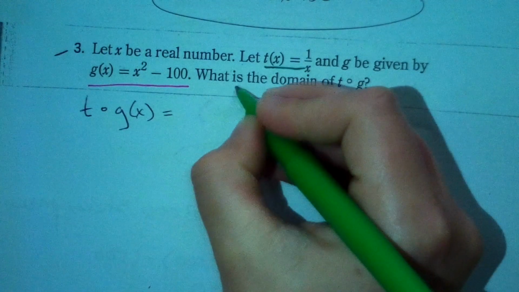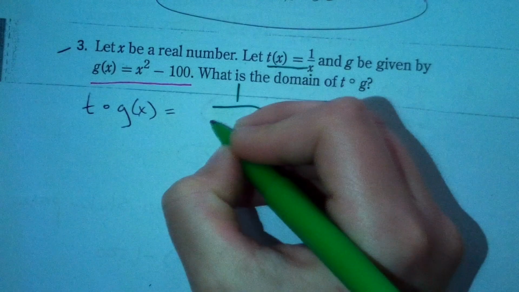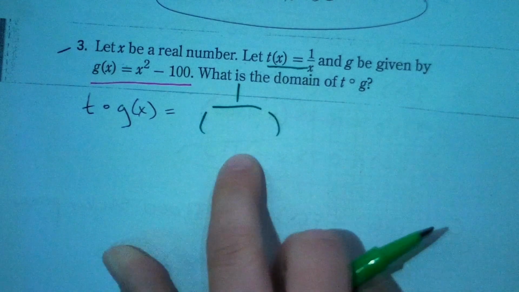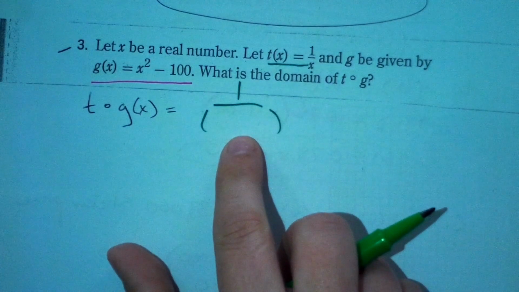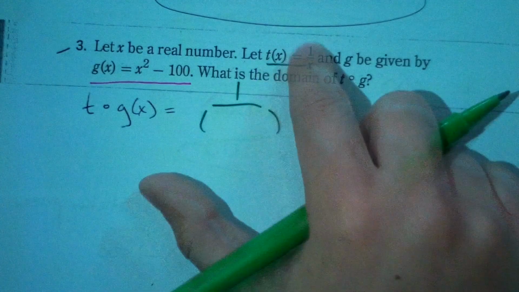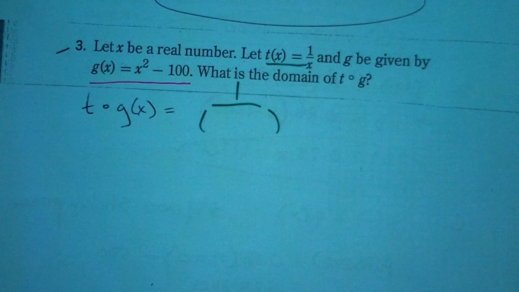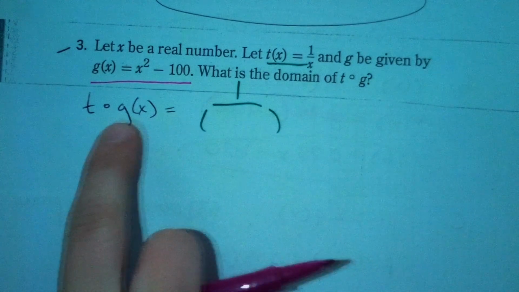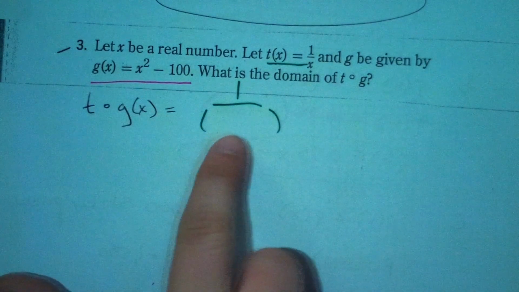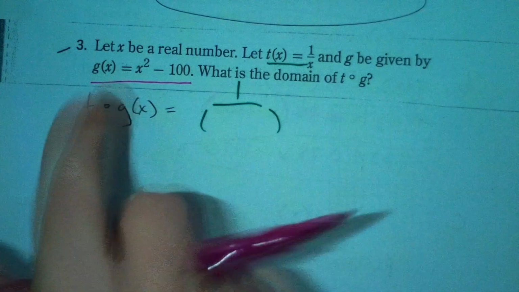And then where that x value is, that's where I'm going to plug in. I just did those two in the same color. So then I'm taking the inner one, or the one that's furthest to the right, and putting that inside of this one. So I'm going to take that x squared minus the 100 and put that inside of there.